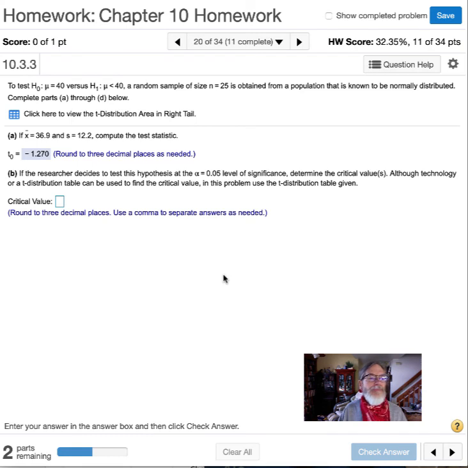The researcher decides to test this hypothesis at the 5% level, alpha 0.05. So we need to look this up on the table. N is 25, so degrees of freedom is 25 minus 1, which is 24.